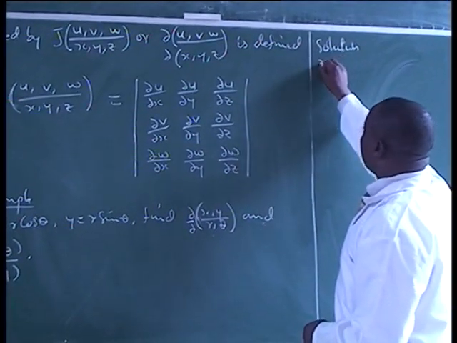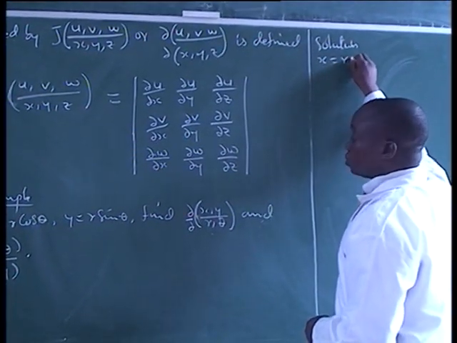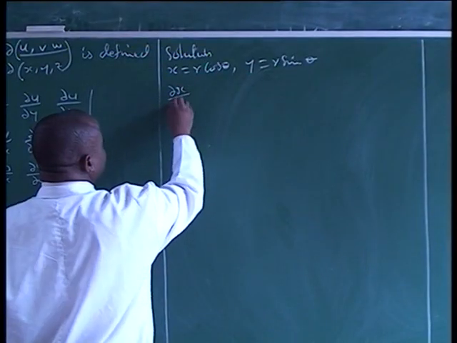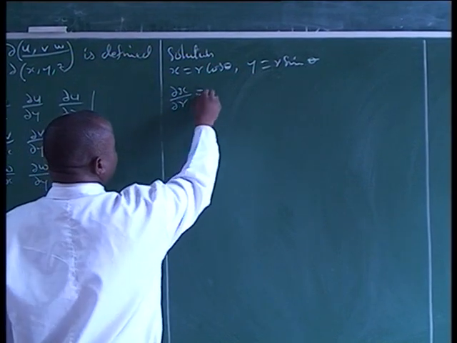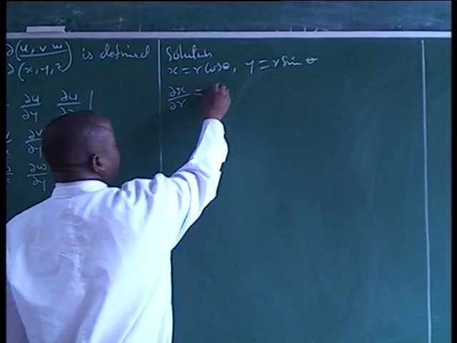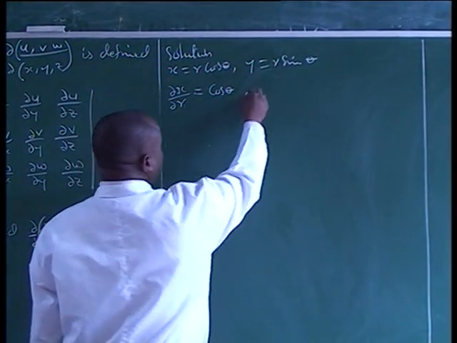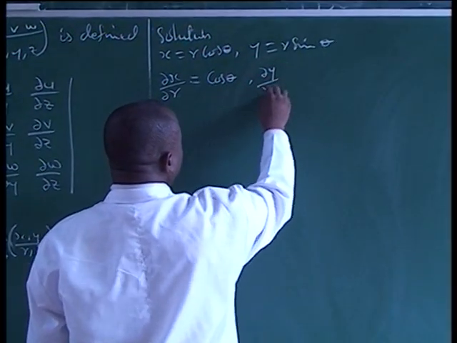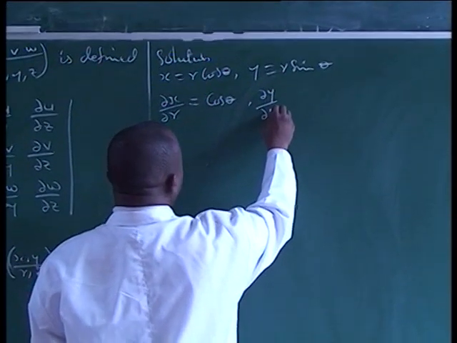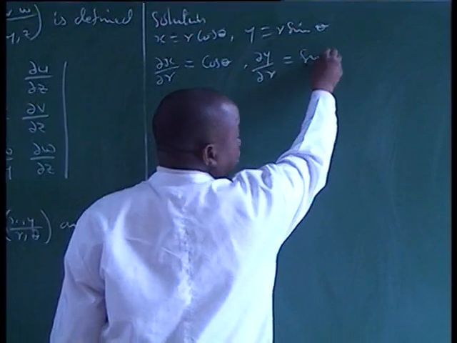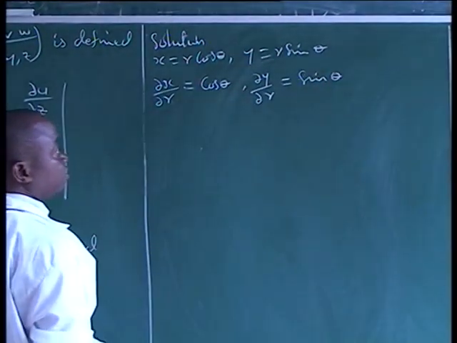We have x is equal to r cos theta, partial x partial r, of course it will be cos theta, and then partial y partial r will be equal to sin theta.